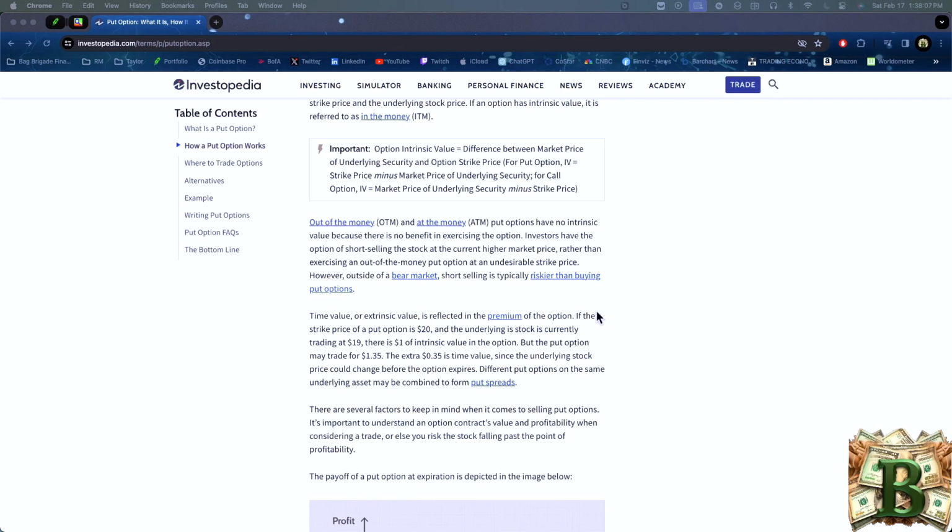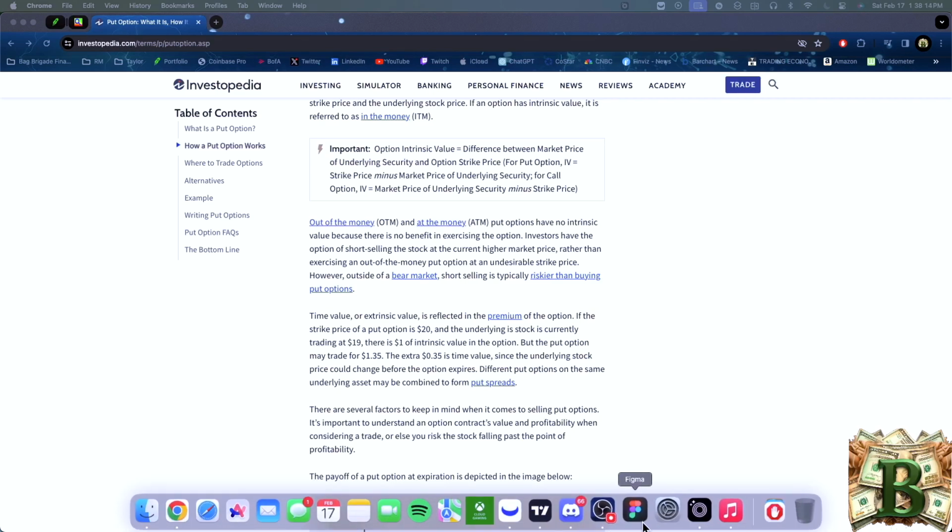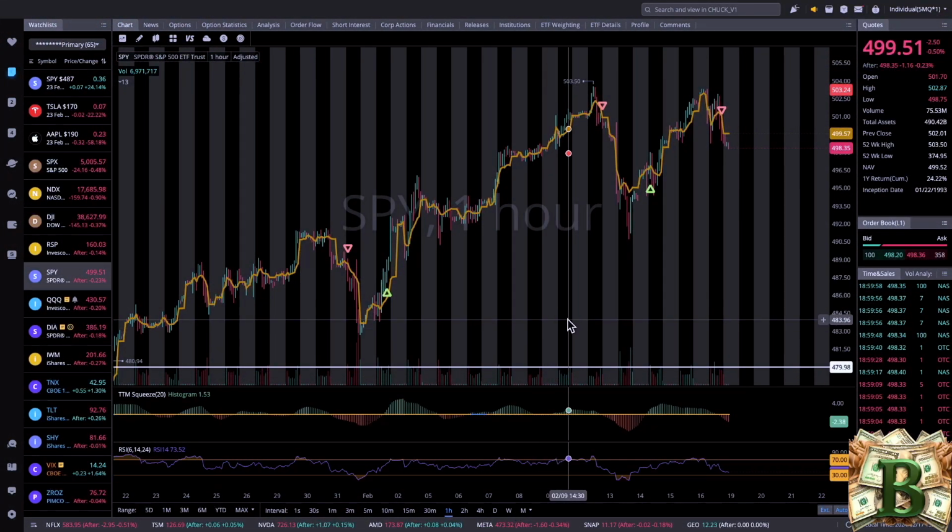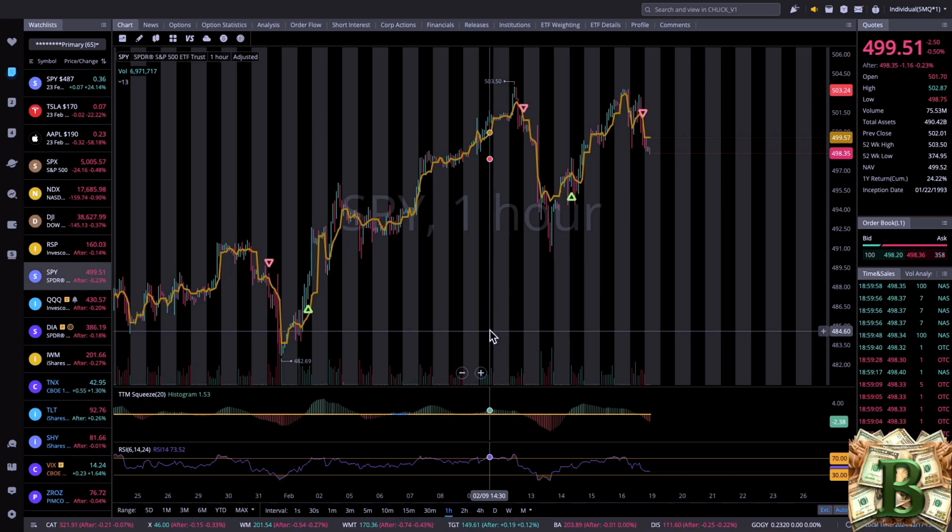Remember, when you buy an option, a call or a put, you don't own the stock. You're paying a premium to have the right, not the obligation, but the right, to buy 100 shares of the underlying on a call option if your contract goes in the money.